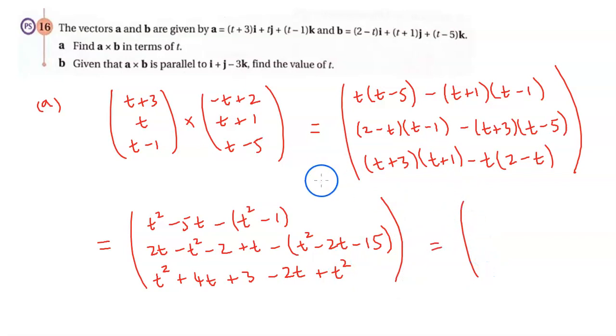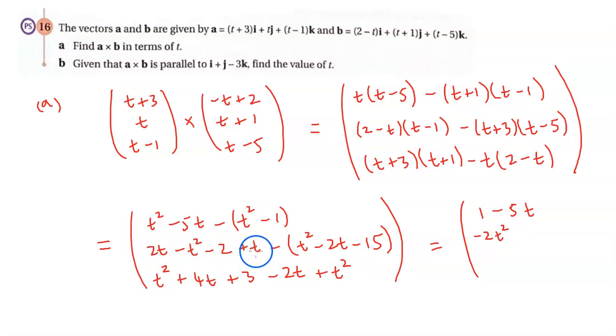Bit of a tedious problem. Okay, so then we're left with 1 minus 5t. And so we're going to have minus 2t squared. How many lots of t?